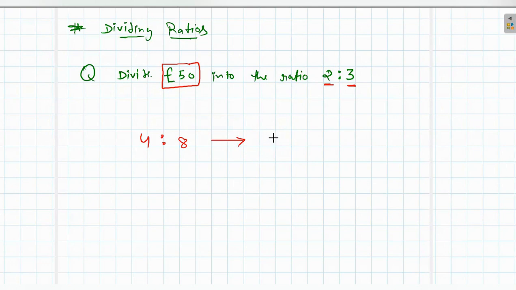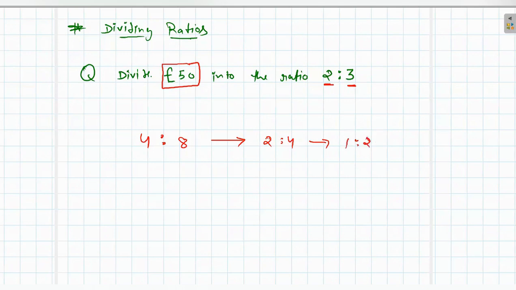Divide 4 by 2, you get 2, and divide 8 by 2, you get 4. So 2 and 4. Can we simplify further? 1 and 2.